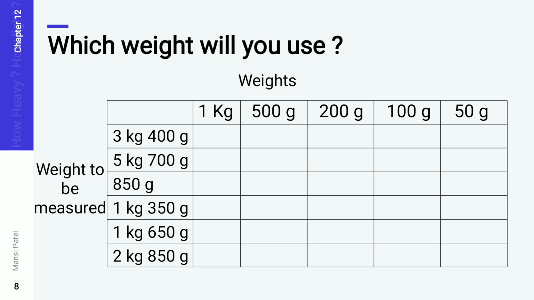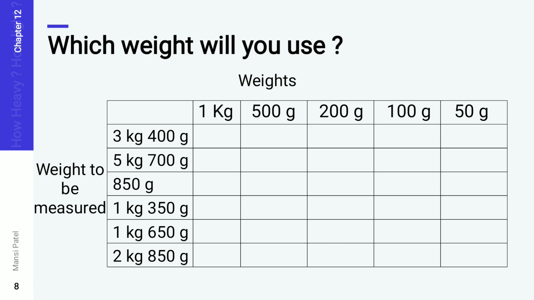Now let us start from the first. In this you want to make 3 kilogram and 400 gram. So see here, first you have to make the kilograms only. How many kilograms are there? 3 kilograms are there.